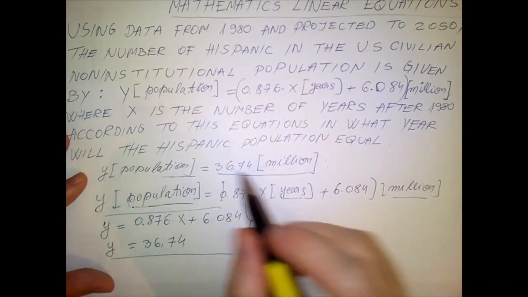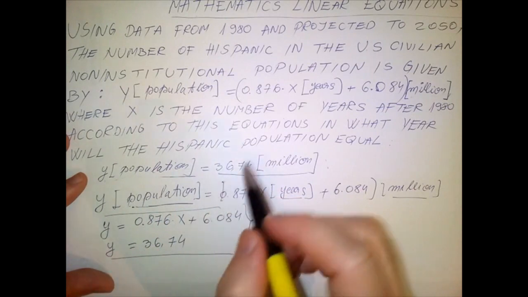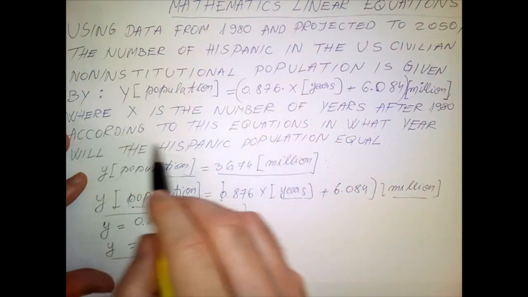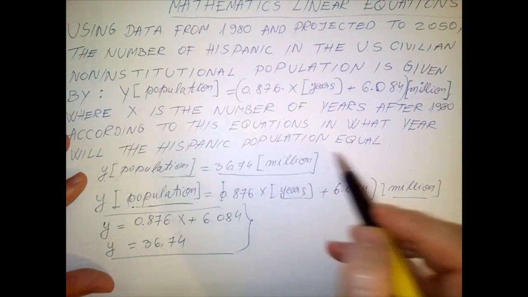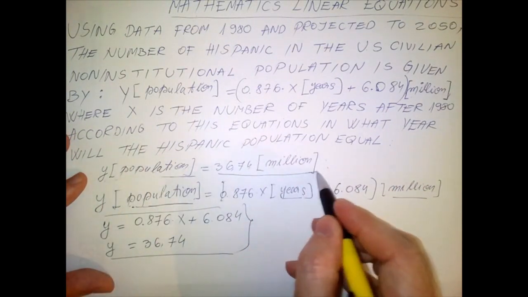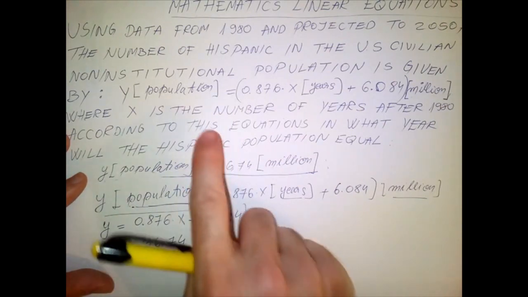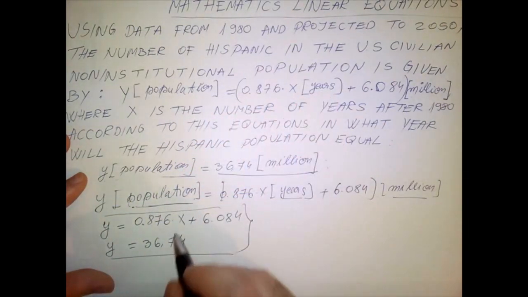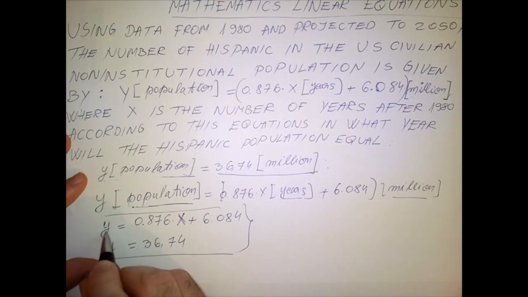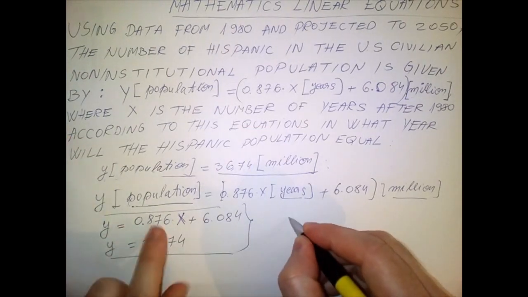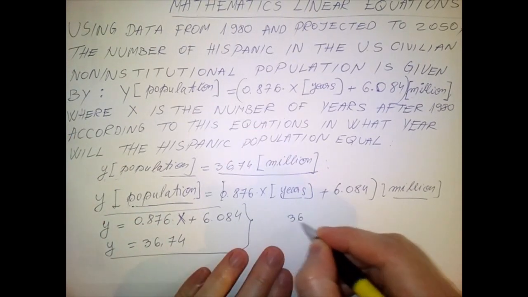We must find, according to this equation, in what year the Hispanic population will equal this number. We must find the years. We must find the X. Now we must substitute the Y value into the first equation, and we will have 36.